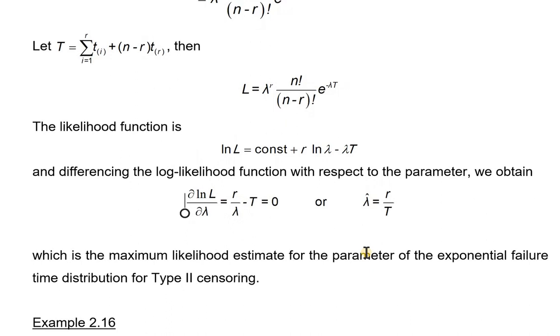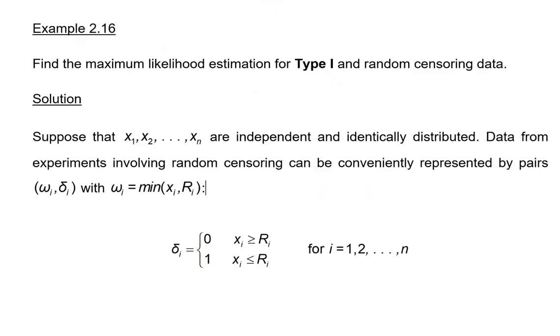This means we have to understand that this is the uncensored and this is the censored, and then we substitute here t_r, which depends on the time of failure of the r-th failure. We substitute the times here and sum up the total failure time in order to find the point estimate of the lambda of the exponential distribution.